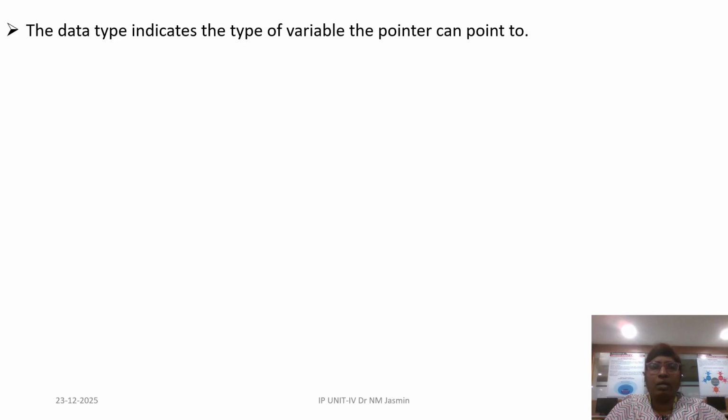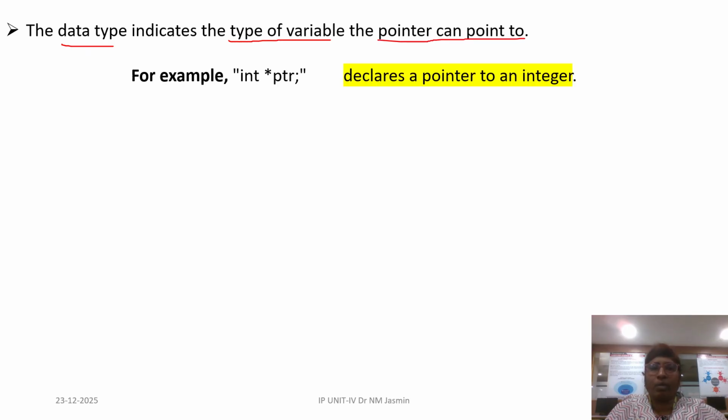The data type in the syntax indicates the type of variable the pointer can point to. For example, in the declaration of an integer pointer, we write the data type int, the pointer name ptr, and in front of ptr we have the asterisk symbol.